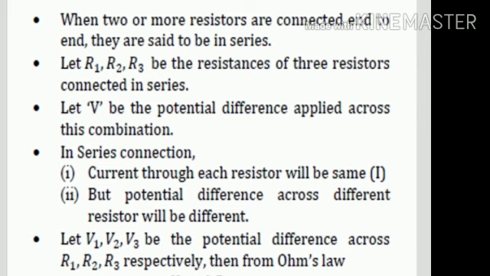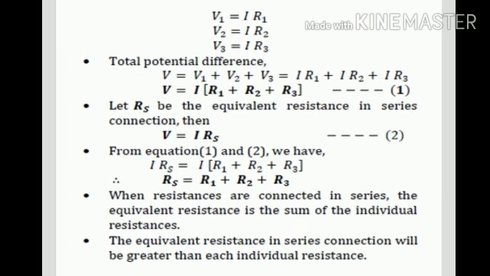In series connection, the current through each resistor will be the same, which is represented by the capital letter I. But the potential difference across different resistors will be different. Let V1, V2, V3 be the potential difference across the resistors R1, R2, R3 respectively. Then from Ohm's law, V1 is equal to IR1, V2 is equal to IR2, V3 is equal to IR3.